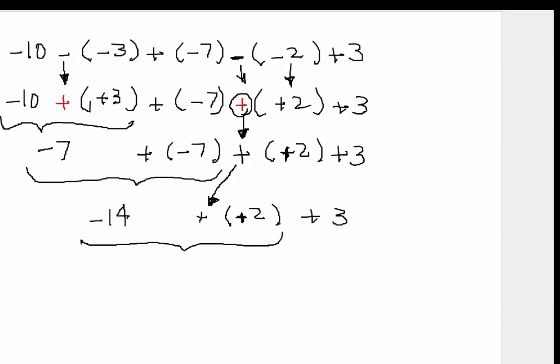Very good. So I don't have to start over again. The only thing wrong here was this. This was originally minus subtraction. We change the subtraction to addition. And then when we do that, we have to change the second number to its opposite number. -2 becomes +2. And this positive should stay positive throughout the next step.